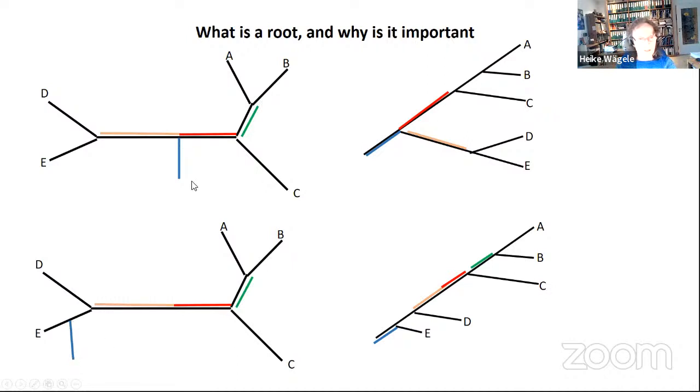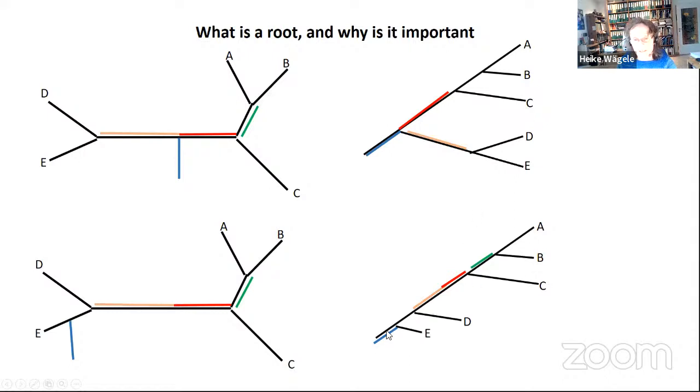That means when you now transform this into a tree reconstruction, you have the stem line along E. Then you have this situation going to D. Then you have this and this line going to this monophylum. And then here you have the green line going to A and B. And you can see that this tree looks completely different from that one. So artificially setting a root changes your tree reconstruction and information about it a lot.